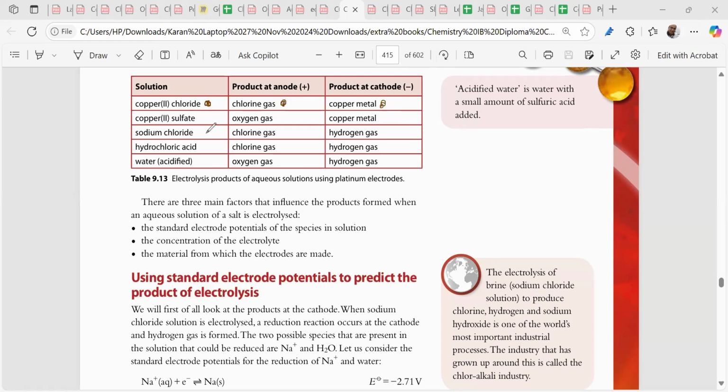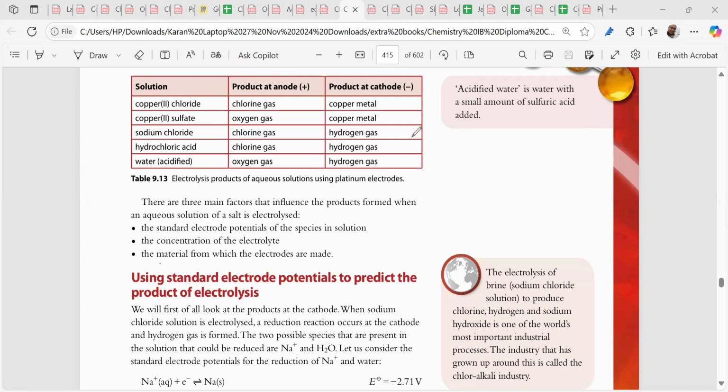Suppose I'm taking sodium chloride, we expect sodium metal, but it's not coming. Hydrogen gas? Chlorine gas is given out. Now suppose copper sulfate. It should give some gas similar to this, but it gives oxygen, and copper metal is given. So we are in doubt: what guides the products, how are the products guided?